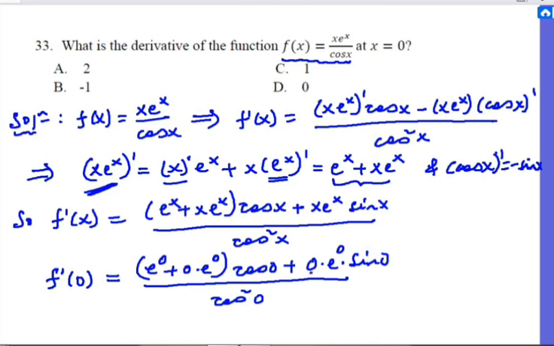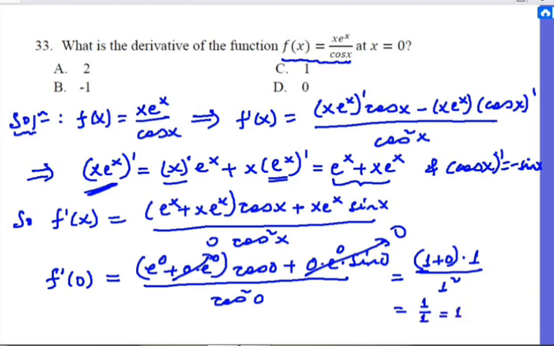We know that this term is 0 and this thing becomes 0 times anything, but here e to the power of 0 is 1, plus 0 times cosine of 0 is 1, over cos square 0 is 1 square. So this is 1 plus 0 is 1, 1 times 1 is 1, 1 over 1 is 1. So the derivative of this function at x equals 0 is 1.